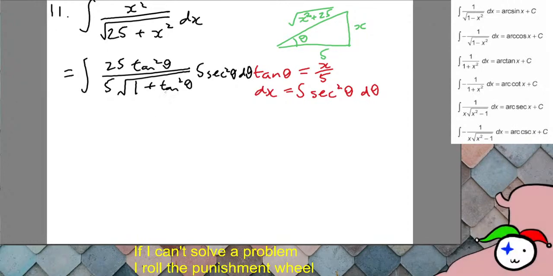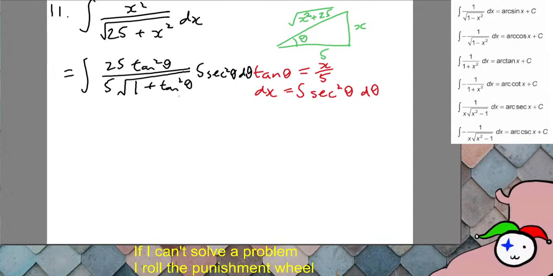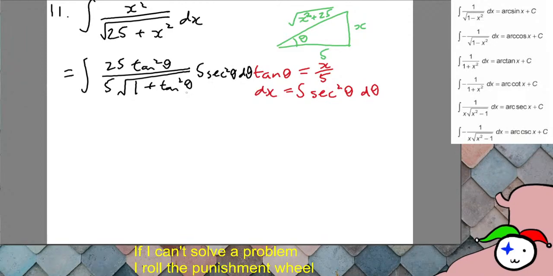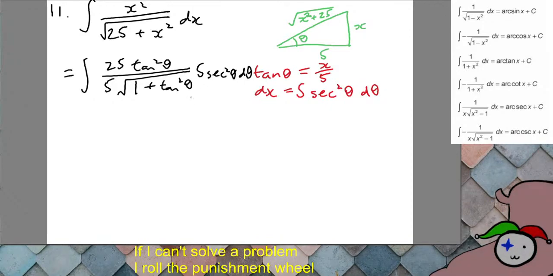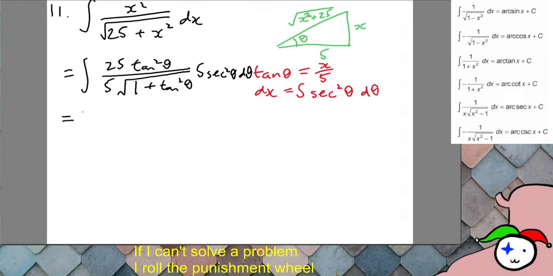Quick reminder that 1 plus tan squared theta we've determined was equal to secant squared, so then here we have 25. I could be going the wrong route again, and I might need to substitute with something else like sine or cosine.